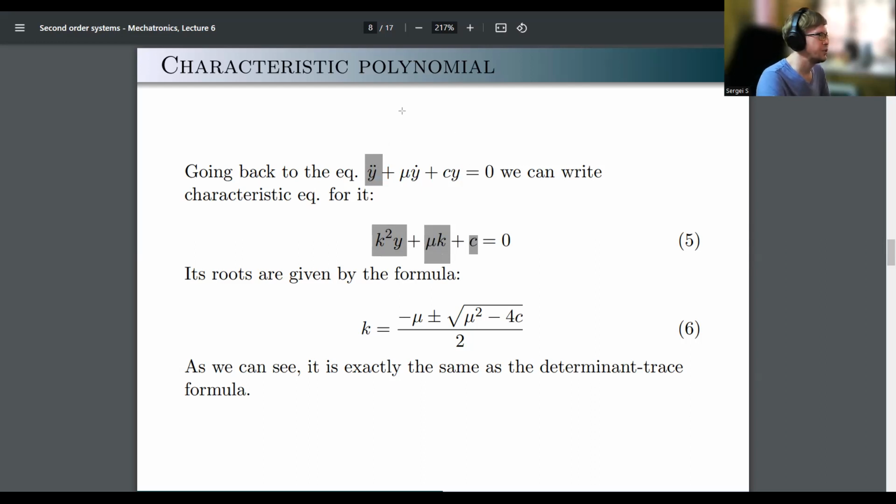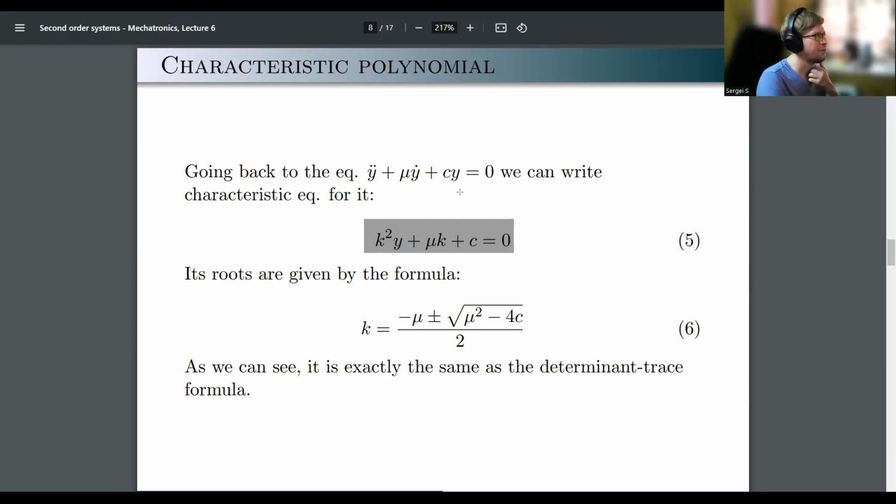So basically you can think of it as a differential operator, I guess. If you remember how we produced the characteristic equation, it looks a little bit strange when you look at it.